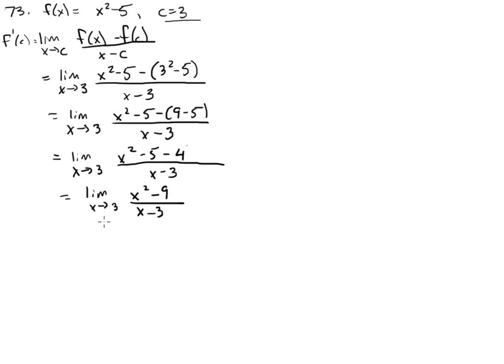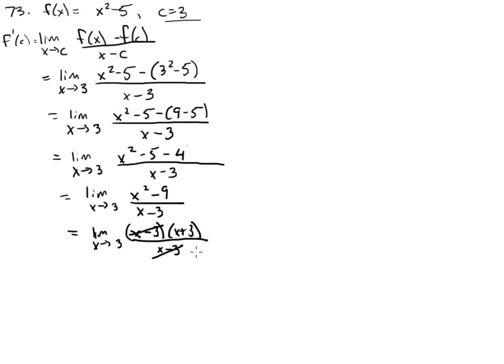This is a lot like the problems from section number 1. So x squared minus 9 is the difference of perfect squares. So we can find the limit as x goes to 3 of x minus 3 times x plus 3 divided by x minus 3.